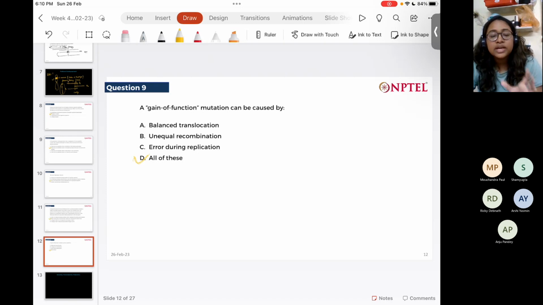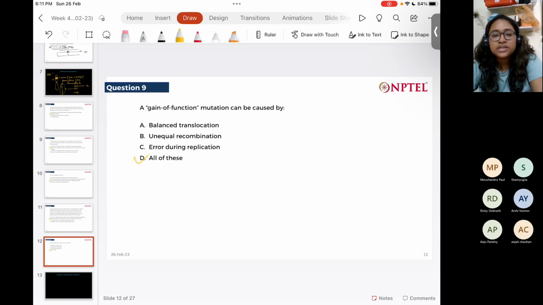So the type of mutation ultimately depends on the location of the mutation within the gene. Since we are not given any information about where the mutation is happening, but all of these mutational events, exchange of DNA segments, happen, depending on where the DNA segment is added or deleted within the gene, we can have a loss of function or gain of function.